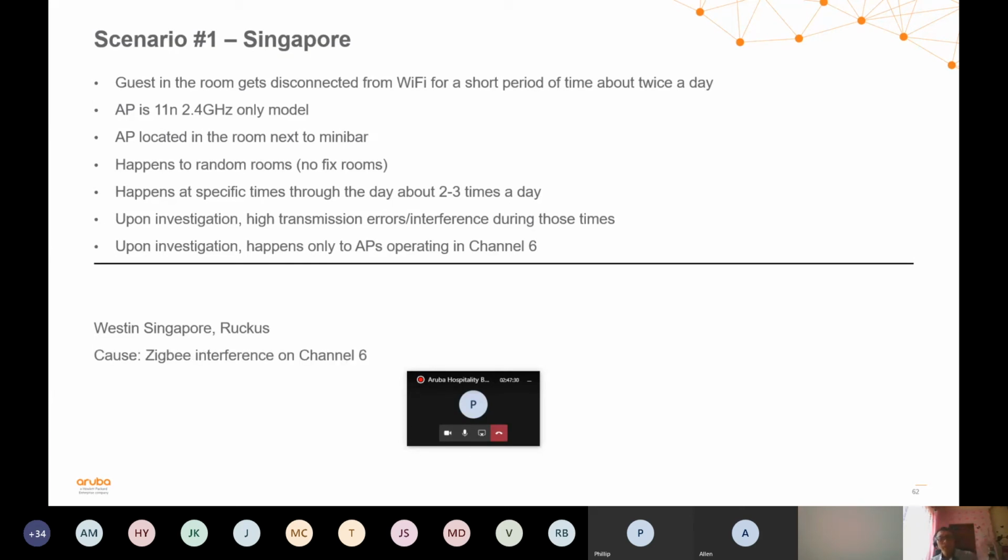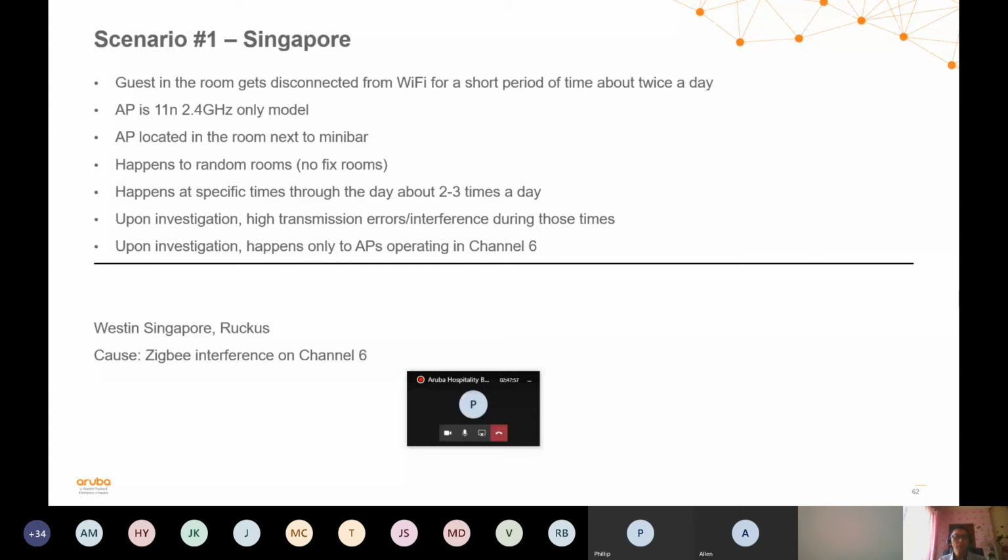There was interference on channel 6, and it is a non-Wi-Fi interference. It was Zigbee. When the hotel does an inventory flush of the minibar, at certain times of the day, the Zigbee transmission overlaps with channel 6 and causes interference, causing clients to get disconnected.